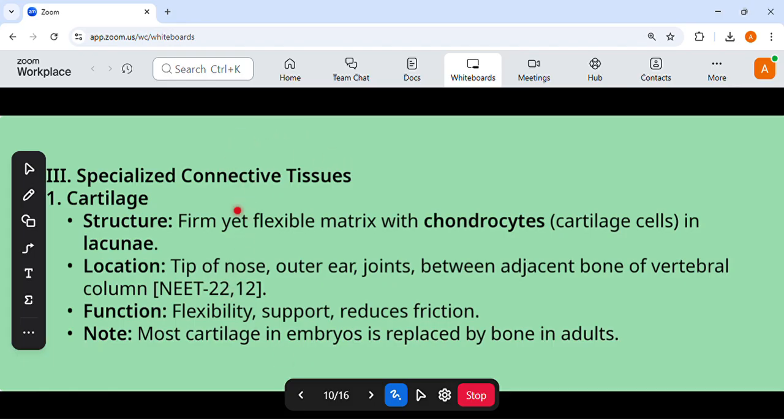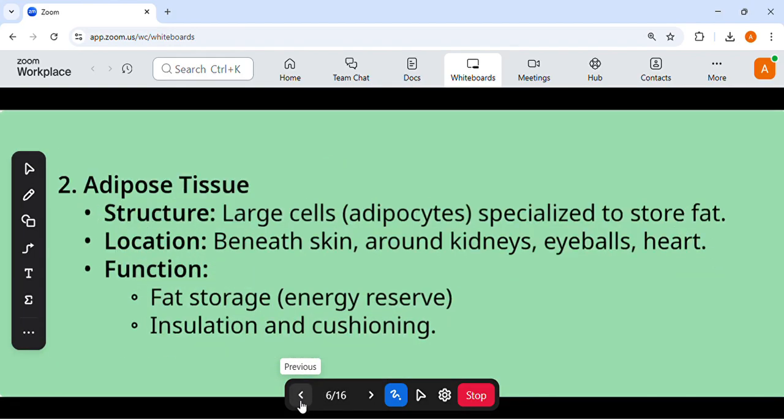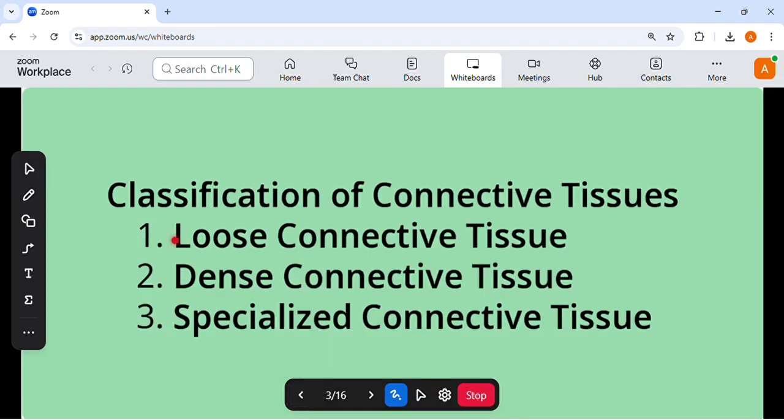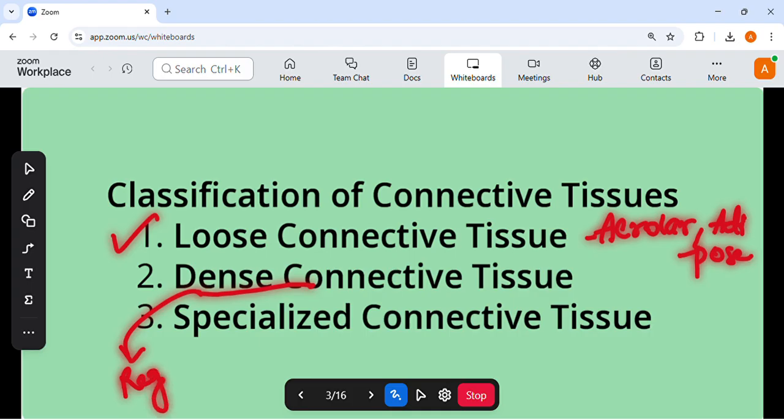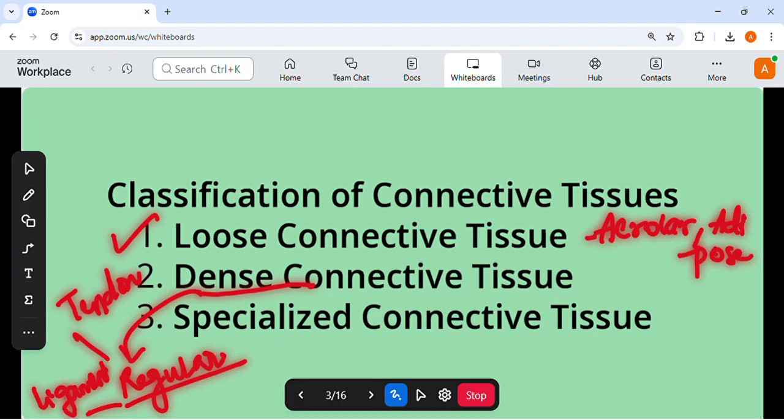Moving further, till now we have covered two types of connective tissue, loose, which includes areolar and adipose. Then dense connective tissue, two types, regular, which includes tendon and ligament, tendon muscle to bone, ligament bone to bone.